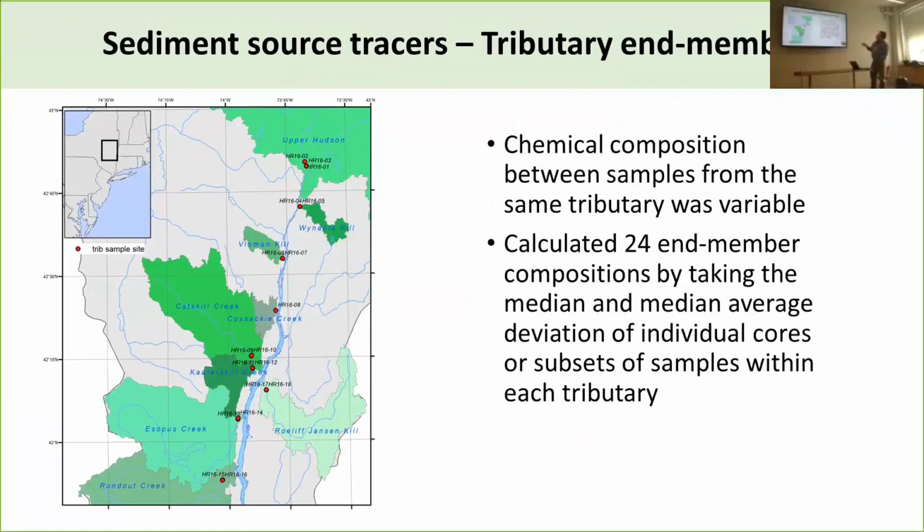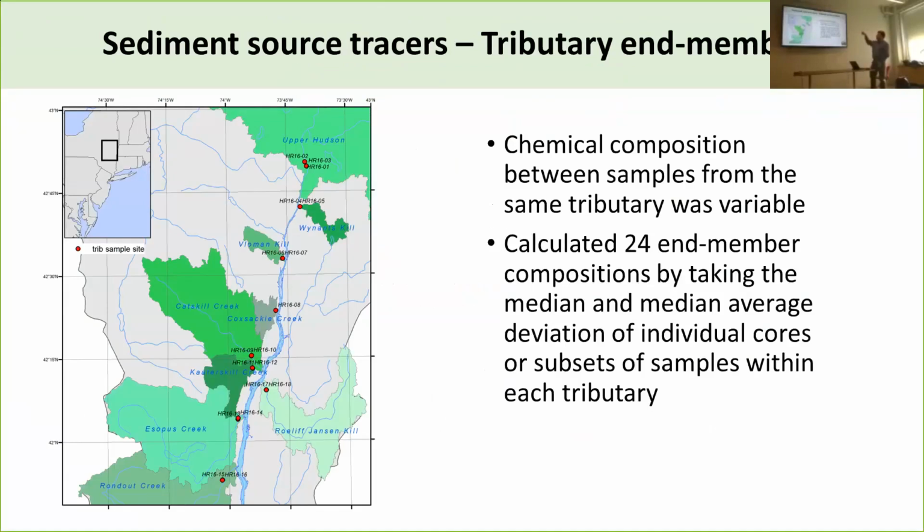For these two, as I said, the composition in the tributaries varies quite a bit, but in this case, we're using the tributaries as end members. We're assuming that what's in the main stem of the river is a mixture of what's coming out of the tributaries. We took cores in the tributaries and saw downcore differences as well as differences between locations.